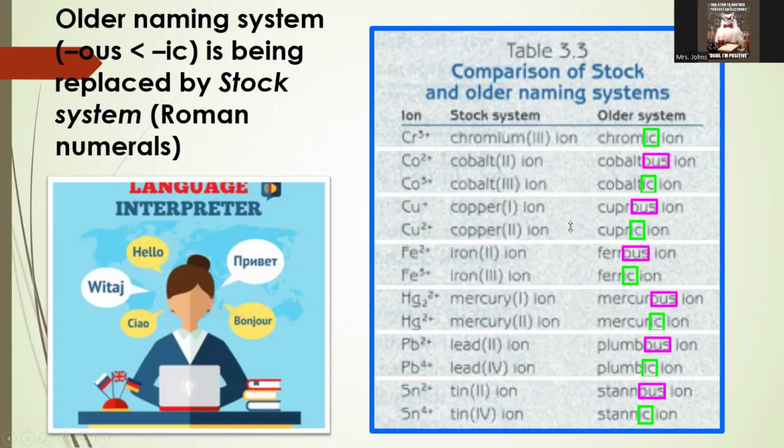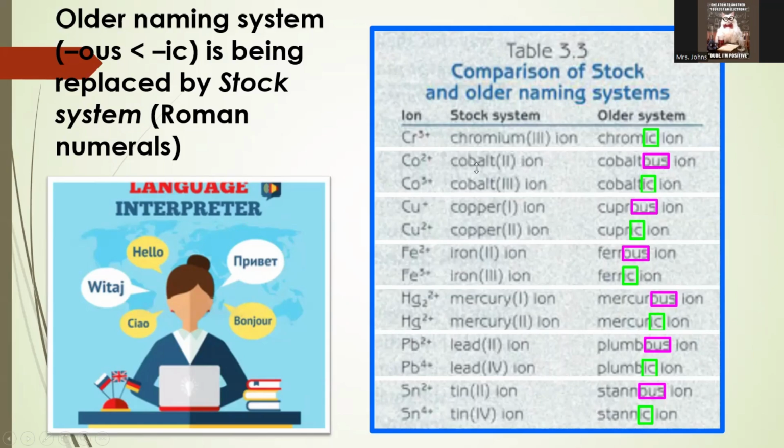So here is this chart in your book, table 3.3, and you can use it to interpret between the two, because it's difficult to keep track unless you use it all the time. It's hard to keep them straight. So the pattern that they used was, let's look at cobalt here.